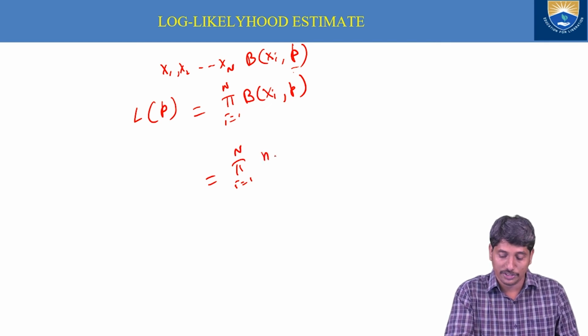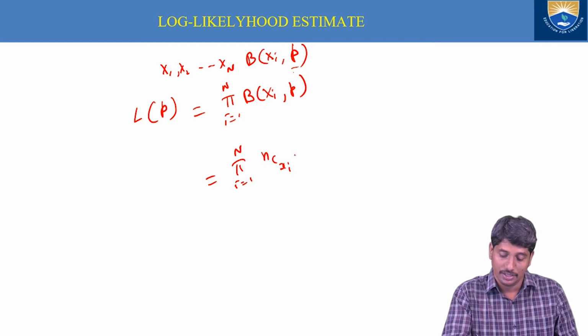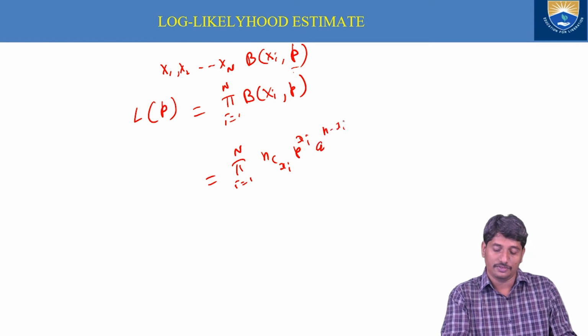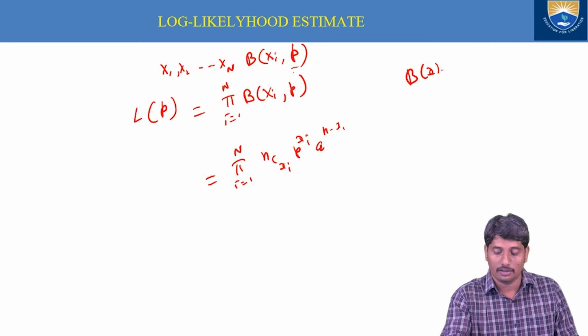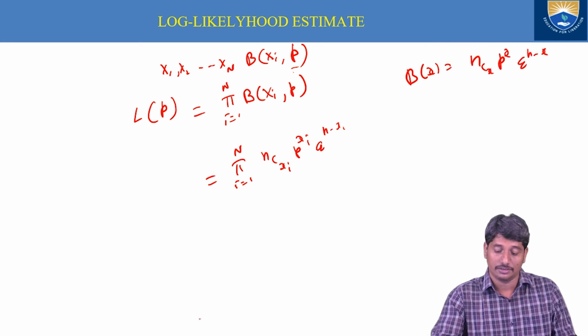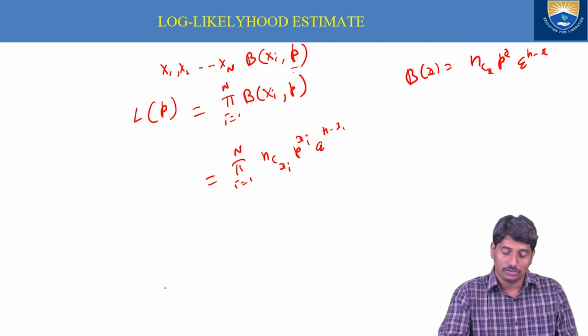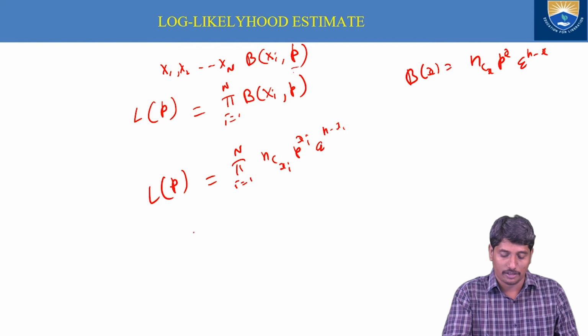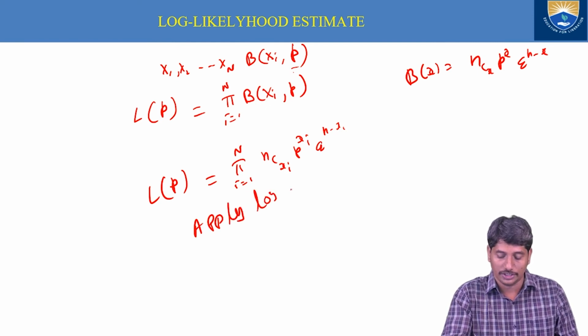What is the binomial function? nC xi p power xi q power n minus xi. We have substituted the binomial formula nCx p power x q power n minus x. Now I would like to apply the natural logarithm on both sides.